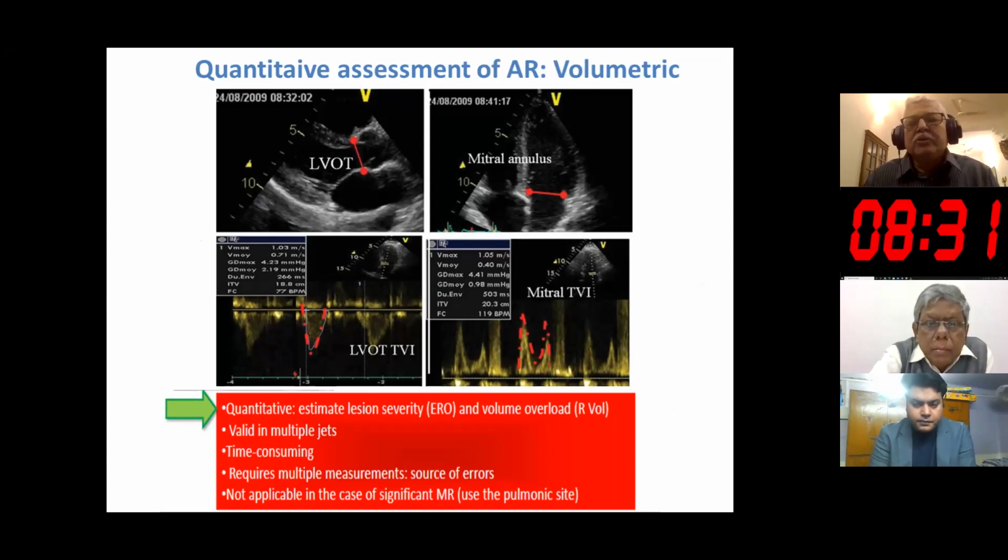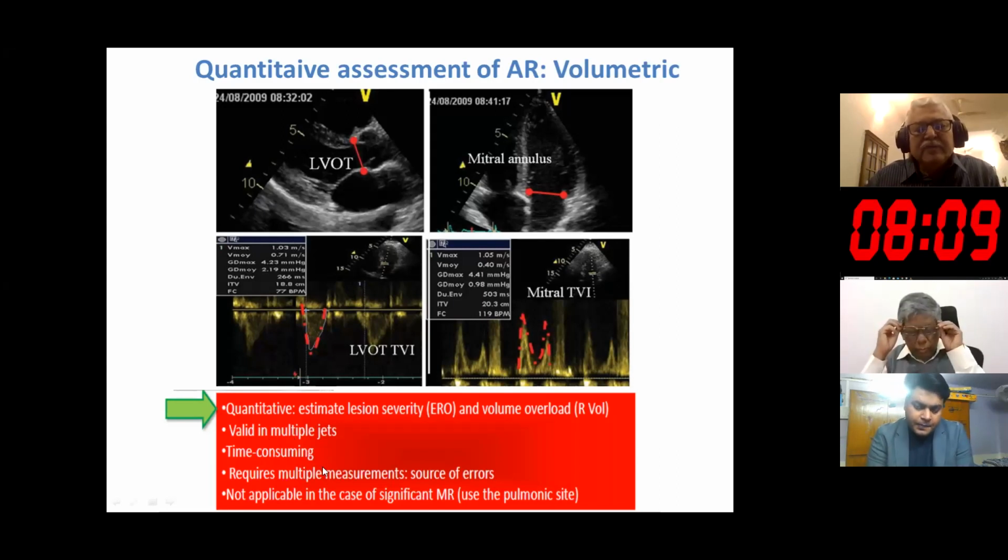So the most important thing here is to measure the annulus very correctly, because as you know, in the calculation, the diameter of the annulus is squared. So any measurement errors in the annulus will, of course, increase the stroke volume at that particular point, and therefore bring in fallacies in your assessment. So the important thing is it is even valid in multiple jets, a little time consuming, but very, very accurate if you can get an accurate measurement going.